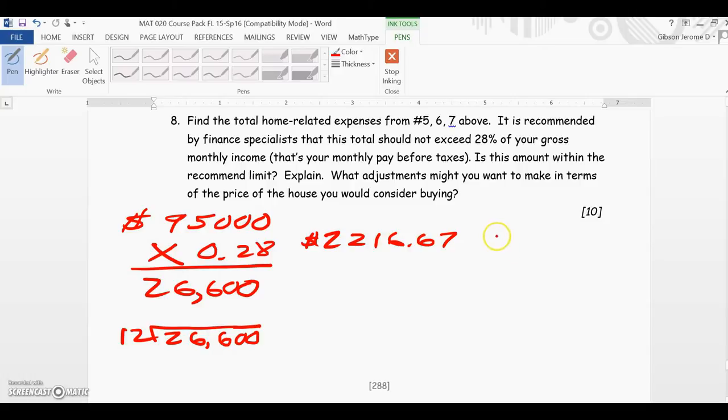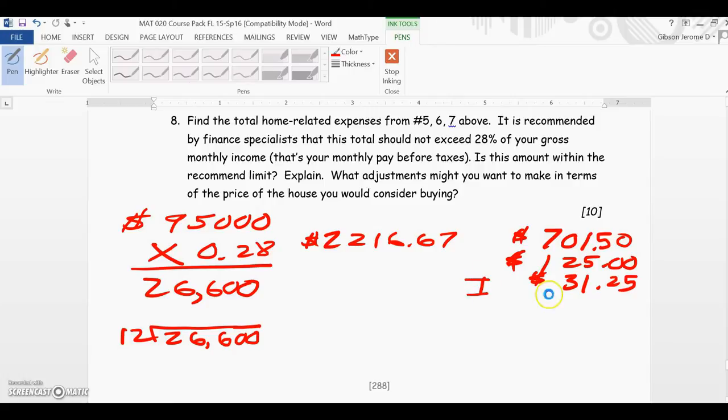Now we need to take the values that we received earlier. Your house payment was $701.50. The property tax was $125. And then also we had the home insurance, which was $31.25. So now we add all of this together.